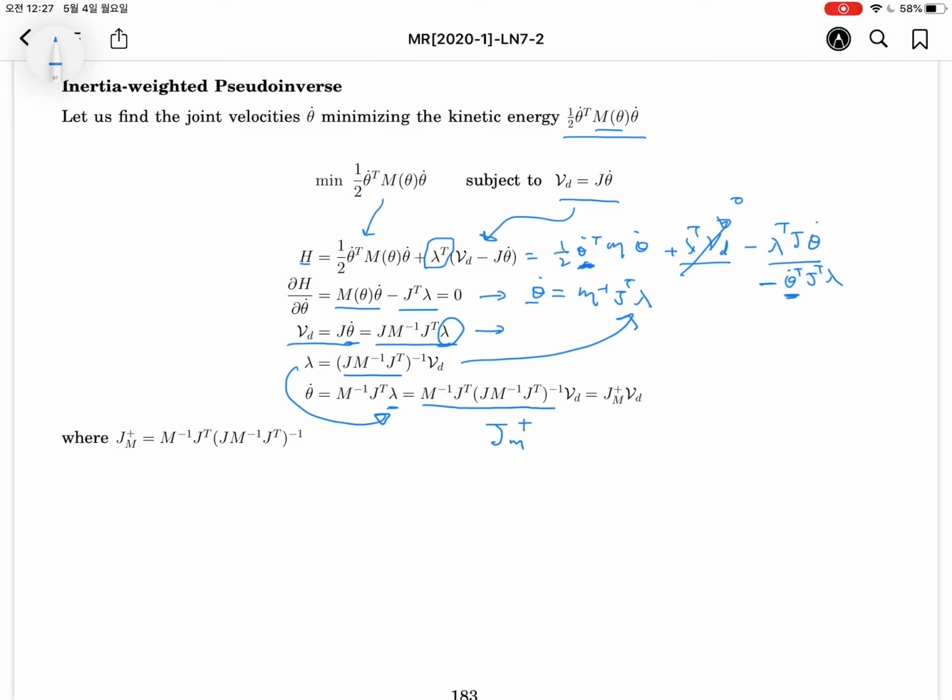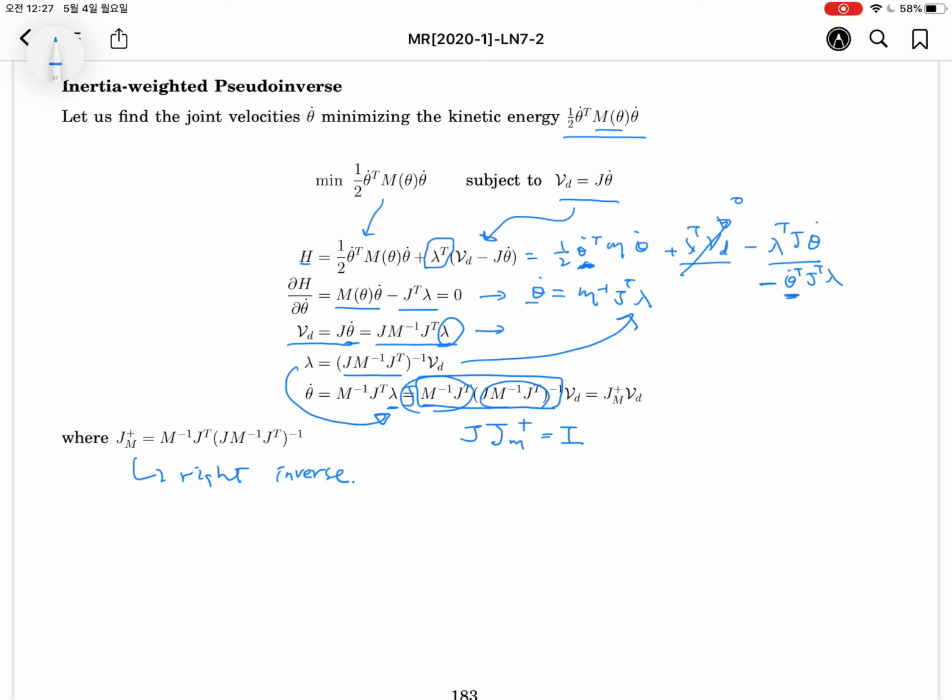Okay, I will denote this matrix J M pseudo. As you can see here, J is applied to both sides. In the front term, we have the same matrix, so it will be the identity. So it is the right inverse.